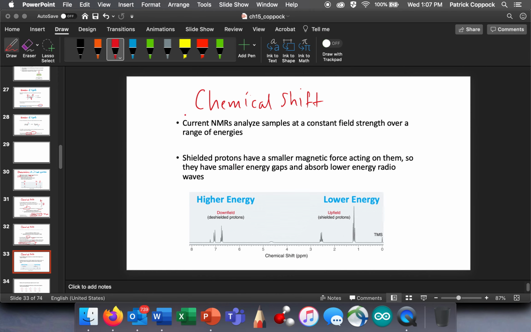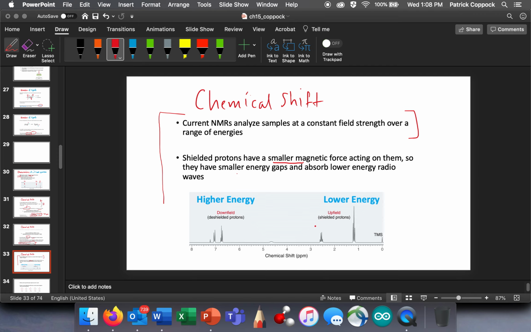Just to give you a little background on how these work, current NMR apparatus analyze samples at a constant field strength over a range of energies. I'm not sure that's super important to you, but it's background color. Protons that are shielded by electrons have a smaller magnetic force acting on them, so they have smaller energy gaps and absorb lower energy radio waves.